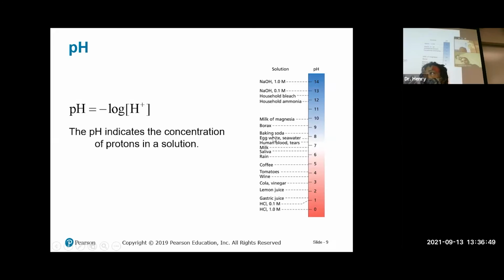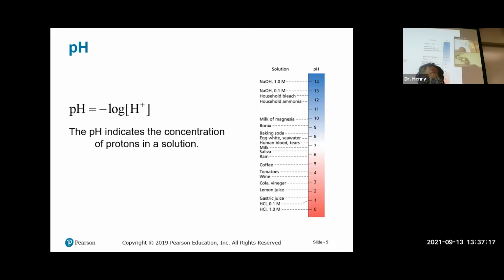So bases: sea salt is a base, right? Egg whites, it's greater than 7. Baking soda. Borax. Milk of magnesia. Do you guys know what milk of magnesia is? Milk of magnesia is what you use for upset stomach. It's kind of like bismuth.